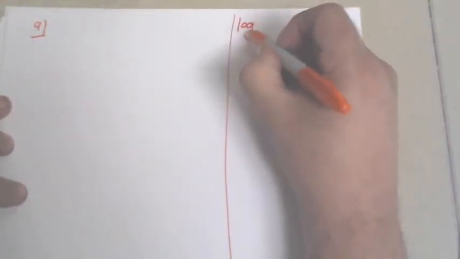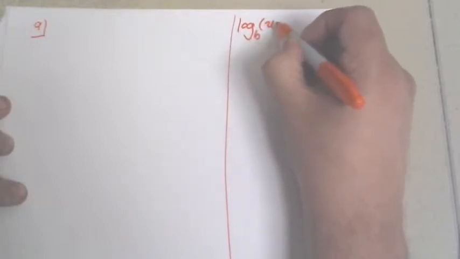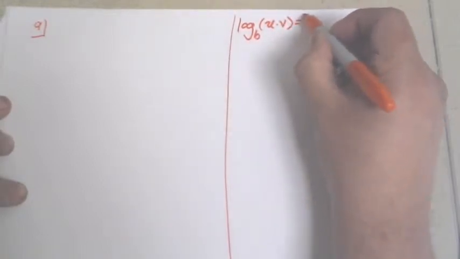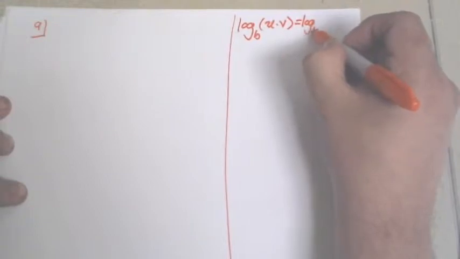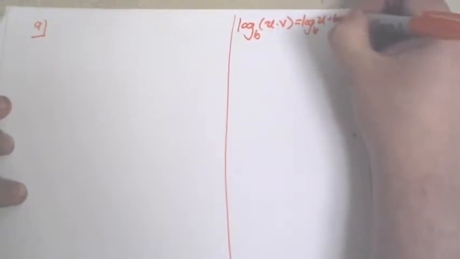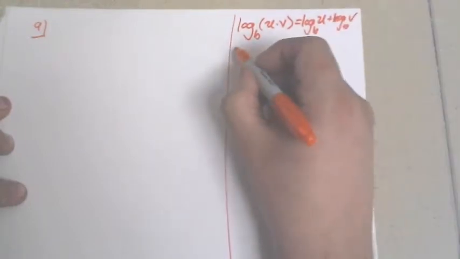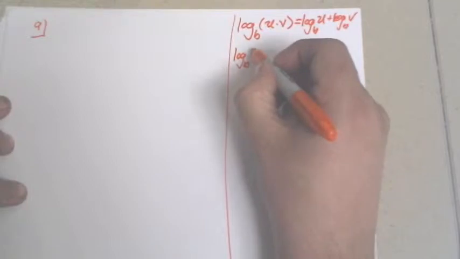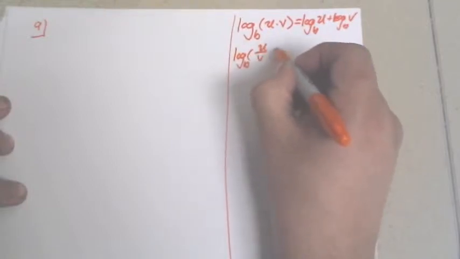They were, if we had a log of any base of a product, we could take the sum, the same base, of those logs. So log base b of u plus log base b of v. If they were divided, we could do the same thing, u over v.